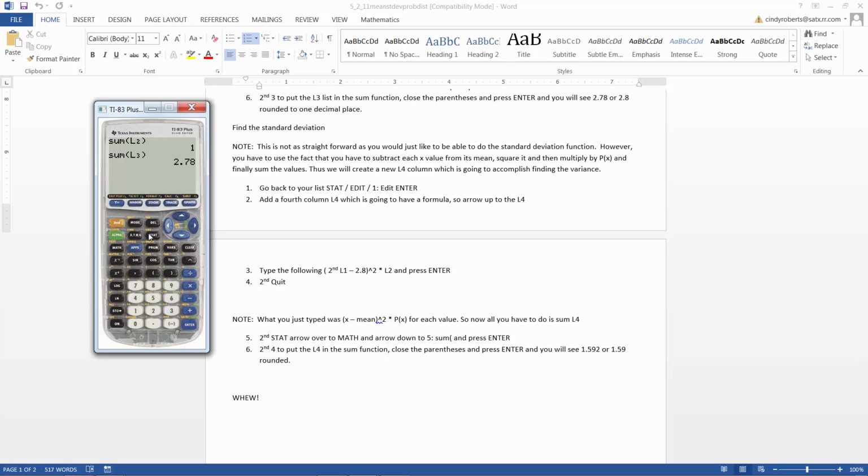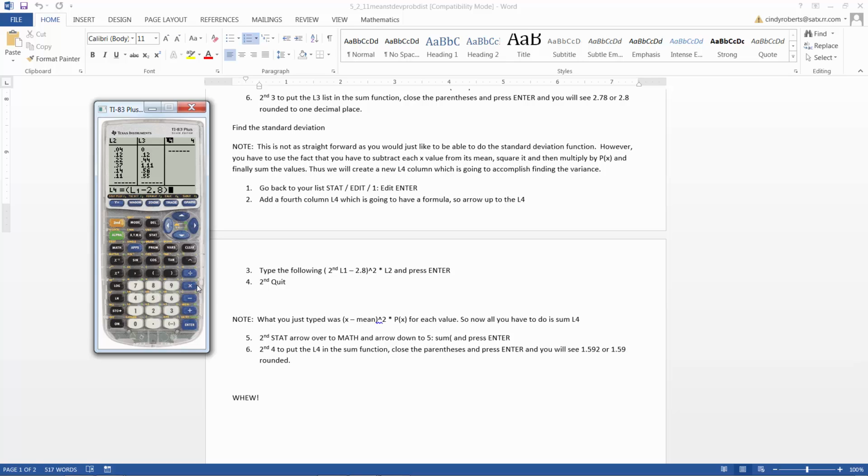So I'm going back to my stat, my edit, and I'm going to add a fourth column, which is going to be a formula again. So I want to be up here. Notice I have an open parenthesis. I'm doing L1, because that's each x value, minus the mean that I just found, which is 2.8.